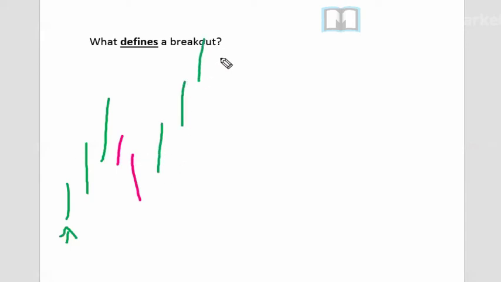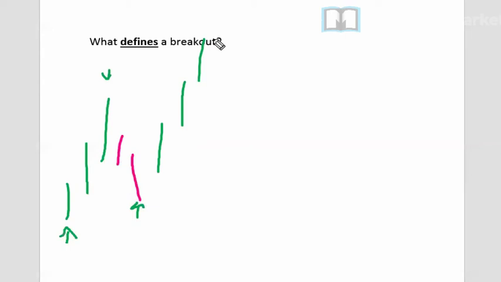So let's take a look at an example here. So let's say we have an uptrend. We have a confirmed swing low here. And then let's say we have a swing high there, swing low there, and we are in this uptrend.